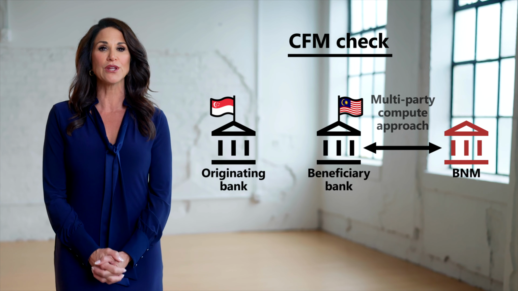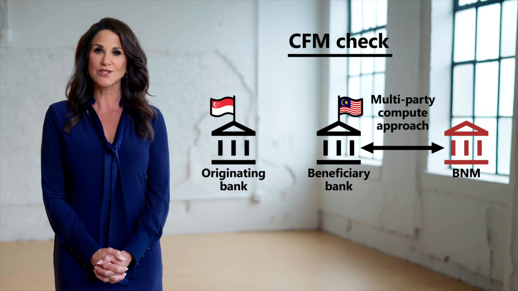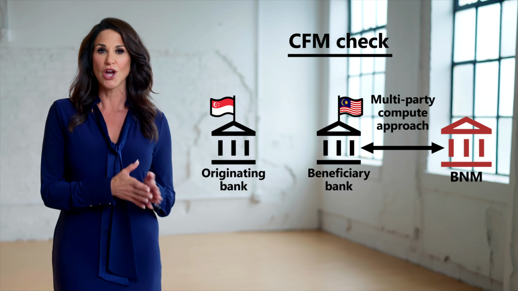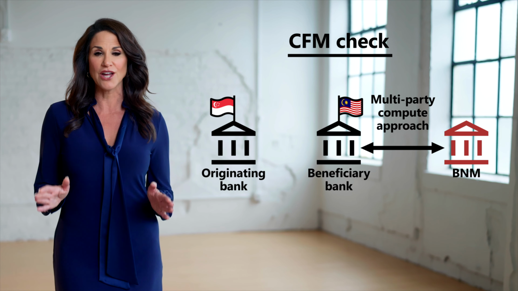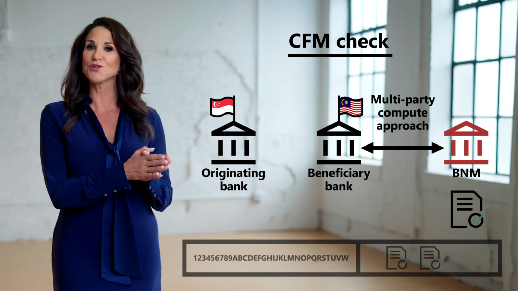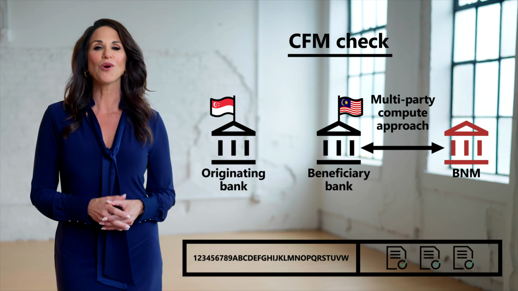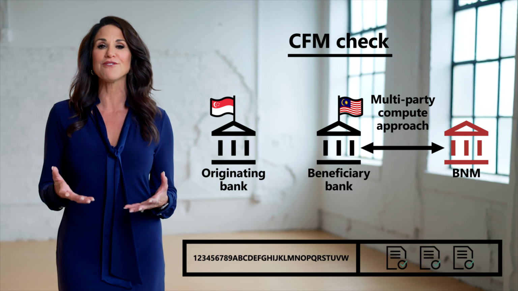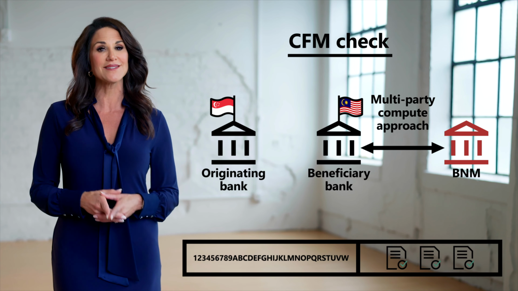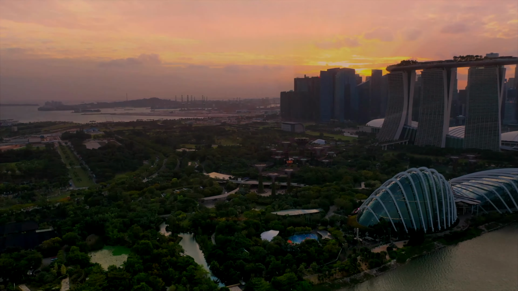Through a multi-party compute approach, compliance with the CFM measures can be checked with Bank Negara Malaysia without revealing any of the underlying data. A signature of the central bank is then added to the proof set. Let's explore how proofs are incorporated and verified within a digital asset settlement system using tokenized Singapore dollars.